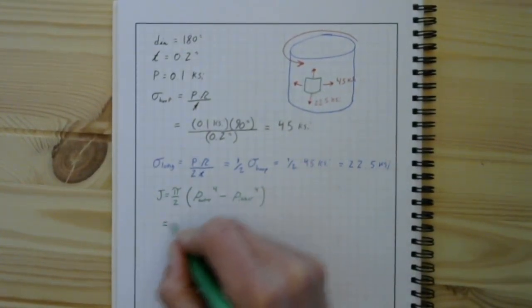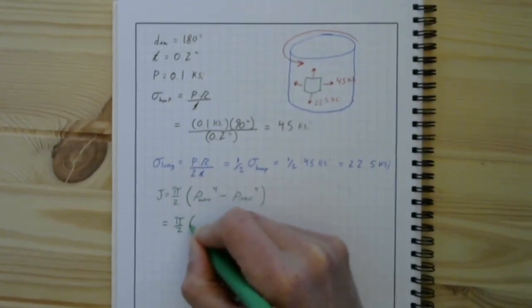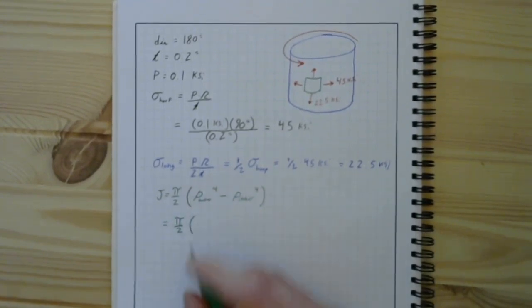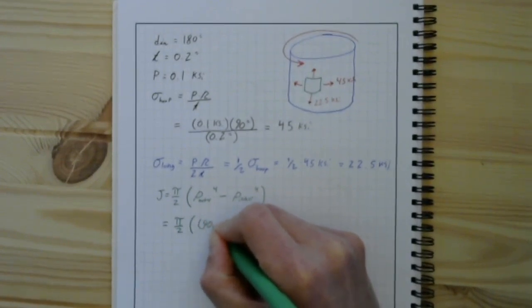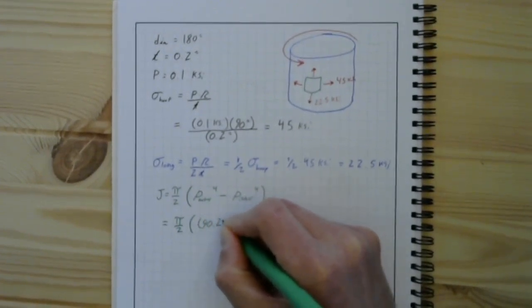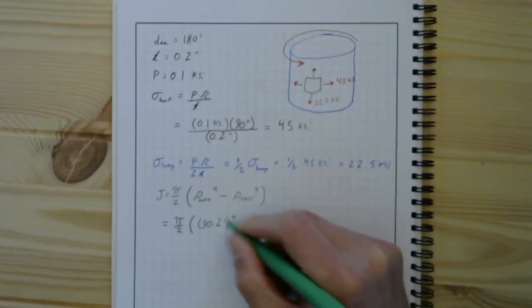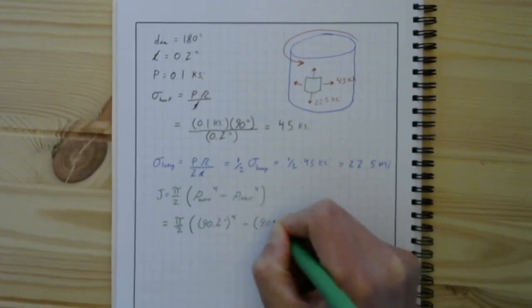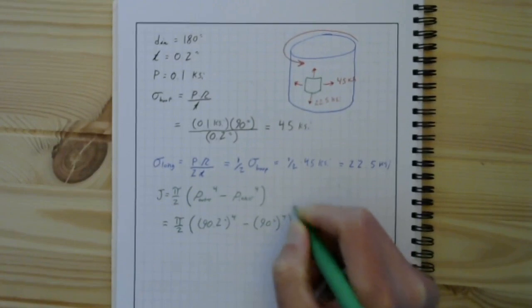which in this case will be pi over 2 times the outer radius, which will be 90.2 inches to the 4th, of course, minus our inner radius, which will just be 90 inches to the 4th.